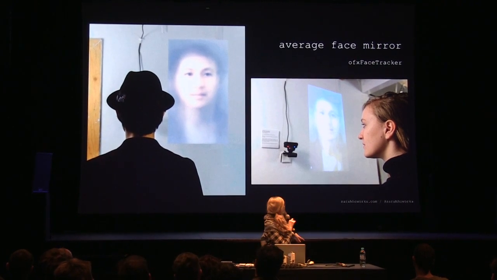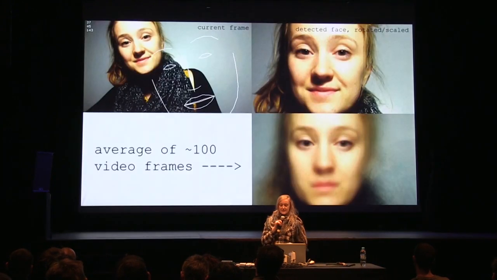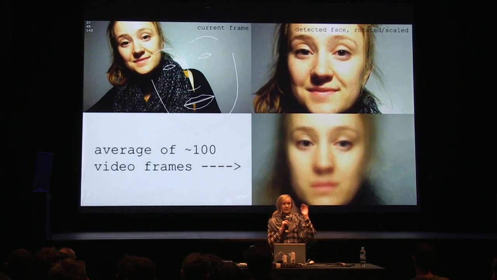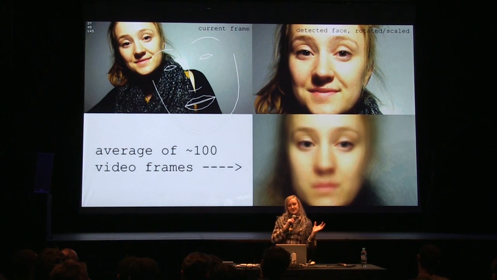So as you can see, hopefully, there is a webcam, and basically how it works is it takes a picture every second, and whenever it detects a face, this face gets rotated and scaled because every face has a different distance between the eyes and the mouth, and basically I take that face and I make it so that the eye and mouth position are always in the same place. And for that I used ofxFaceTracker by Kyle McDonald.